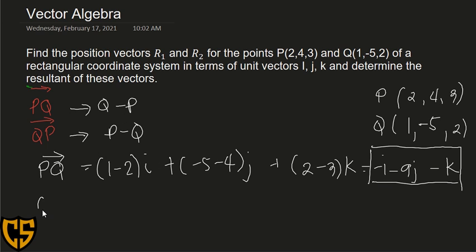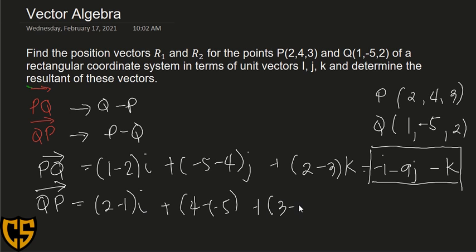Okay, next, we have QP. Take note nga same lang sila dapat nga vector, change lang iya nga mga signs. Tanawon naton if our answer will be showing that property. So halin sa Q pakadto sa P, that will be P minus Q. So we will have 2 minus 1 I plus 4 minus negative 5 J plus 3 minus 2 K. Okay lang man kung ang una ang number ang isulat, pero pwede man nga sa iba ninyong mga answers.